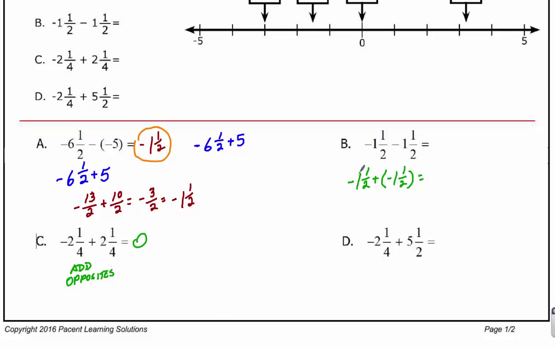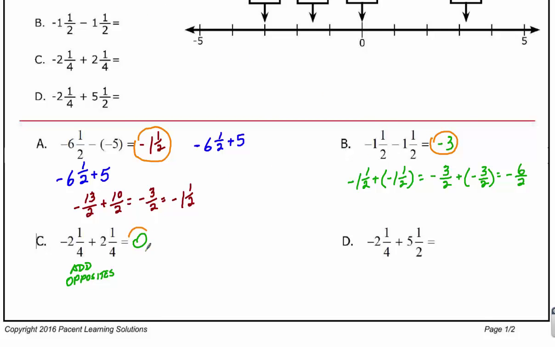You could change these if you'd like to into improper fractions. Negative 3 over 2 plus negative 3 over 2 equals negative 6 over 2. And 6 divided by 2 gives us our answer, which is negative 3.